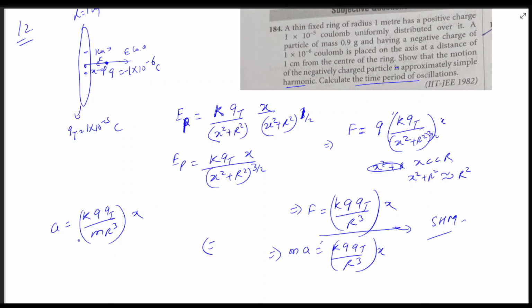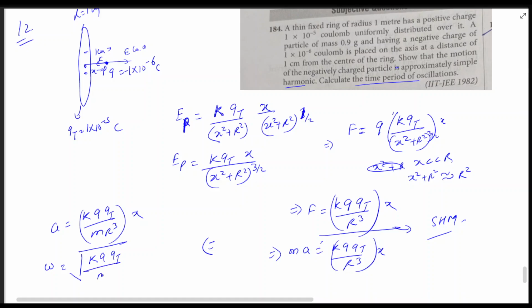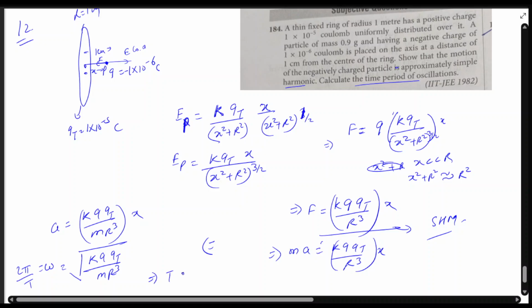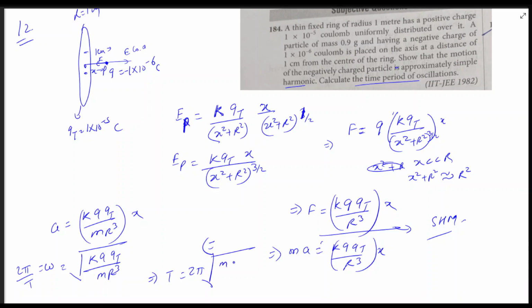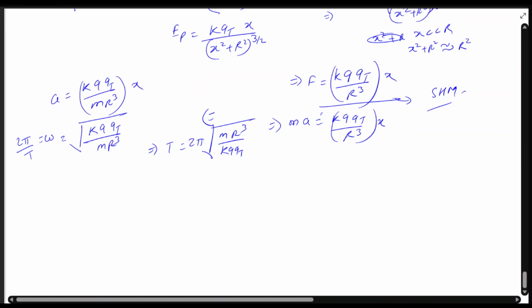So omega will be root of k q Qt upon m r cube, and if this is omega we can write 2 pi by T. So T will come out to be 2 pi root m r cube upon k q Qt, right? So let's just put the values, T equal to 2 pi, so 22 by 7 root.